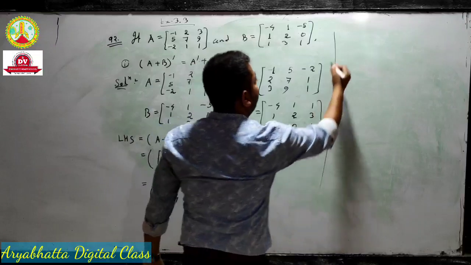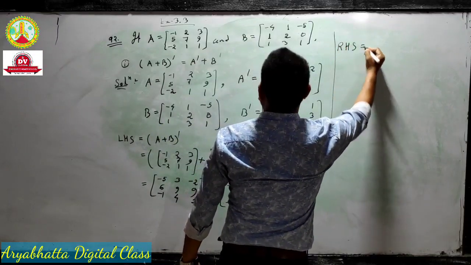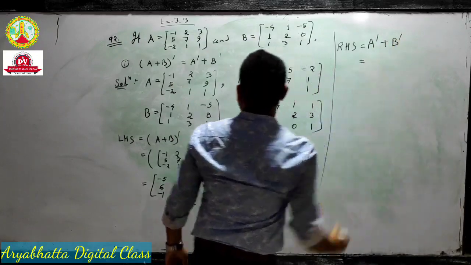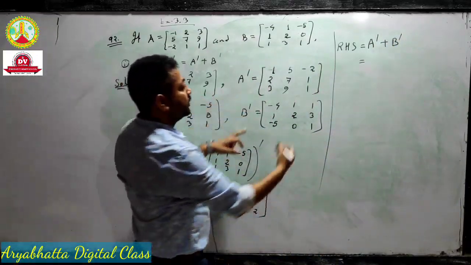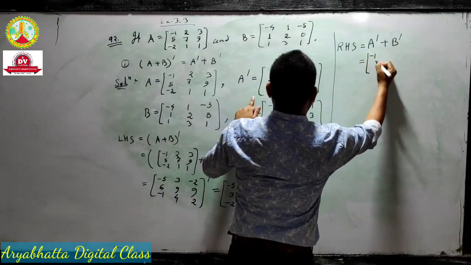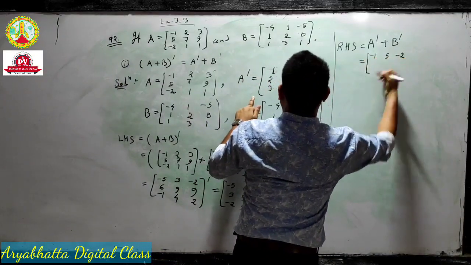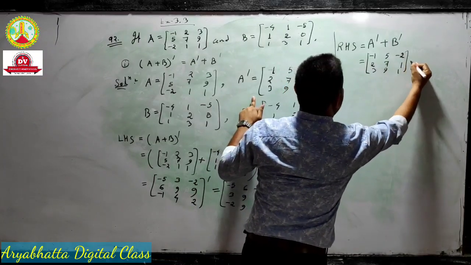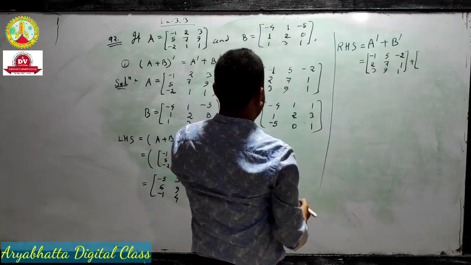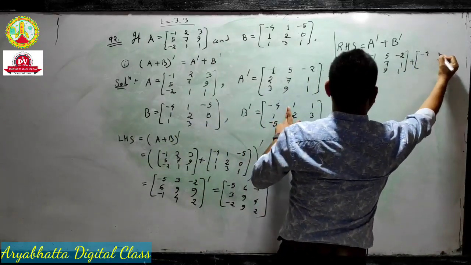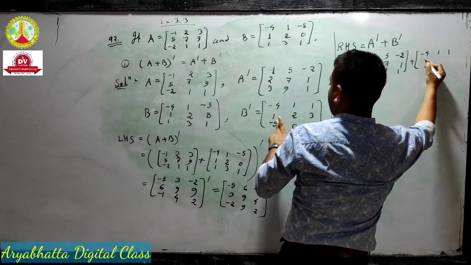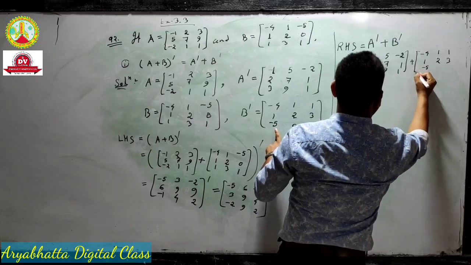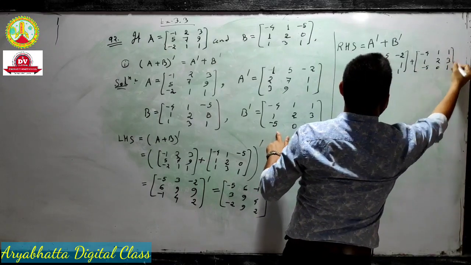Next, right hand side equal to A dash plus B dash. A dash equal to this: minus 1 5 minus 2, 2 7 1, 3 9 1, plus B dash equal to minus 4 1 1, 1 2 3, minus 5 0 1.